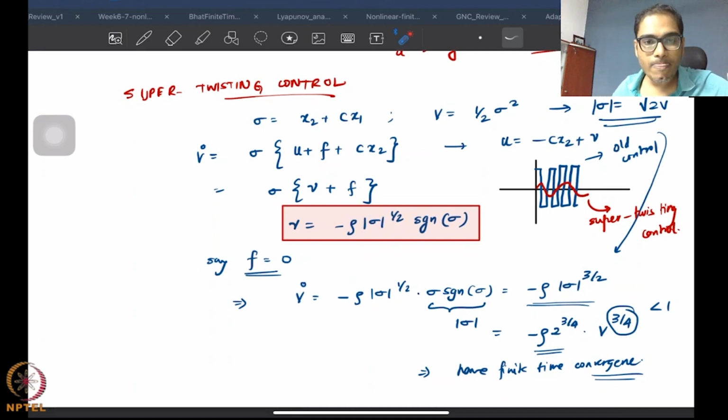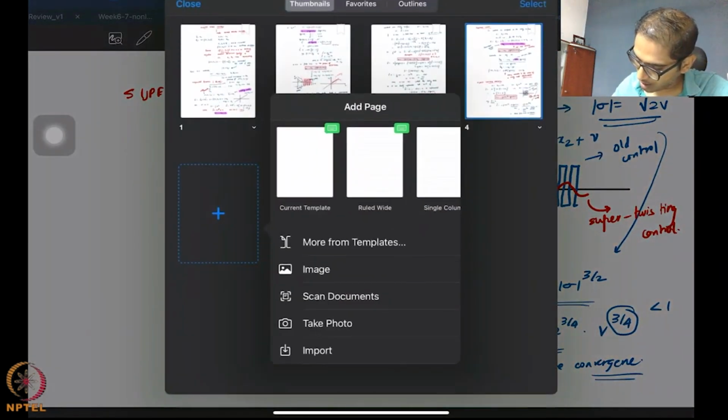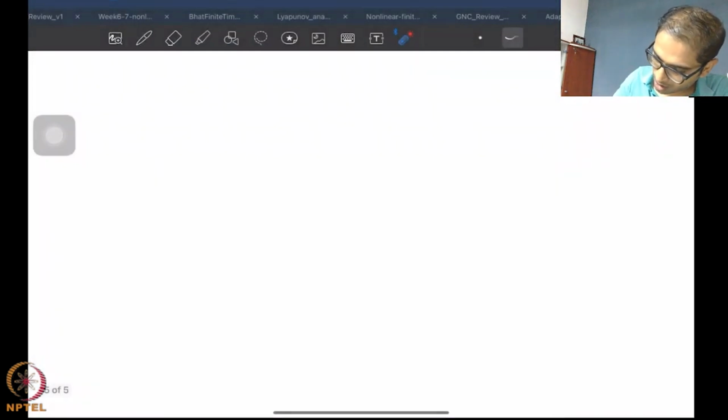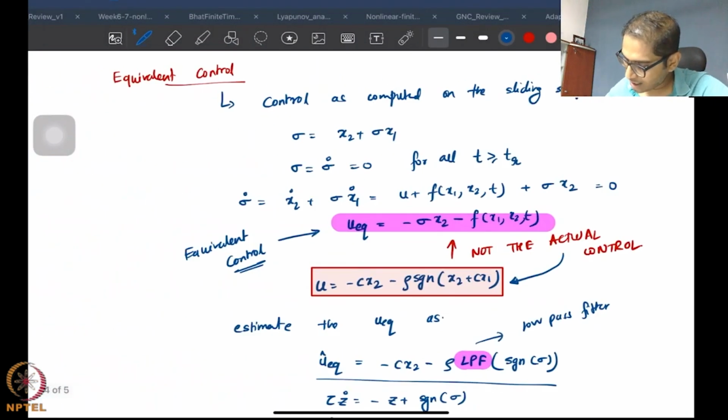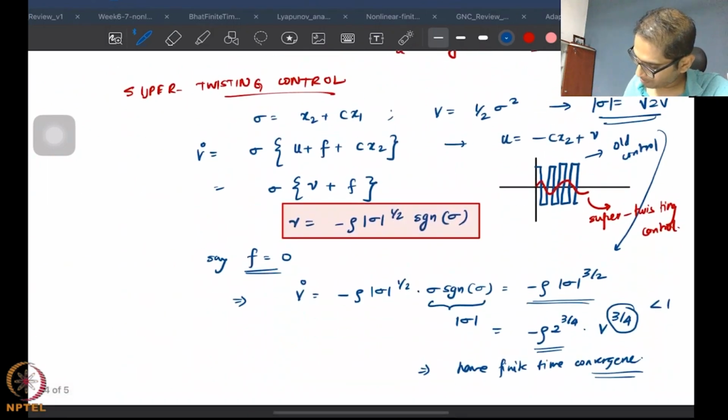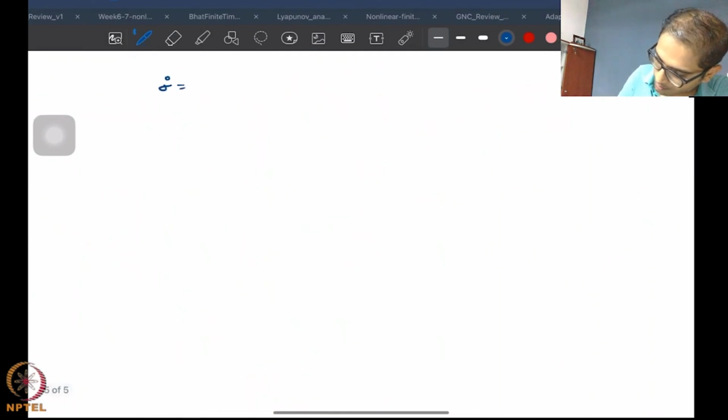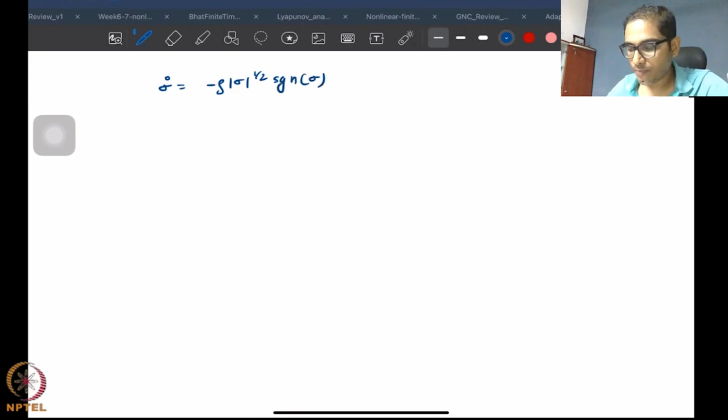If you look at what happens in the presence of disturbance, the sigma dot dynamics starts to look like minus rho sigma to the power half signum sigma, because the cx2 is already cancelled, the sigma dot will just be this plus the disturbance.